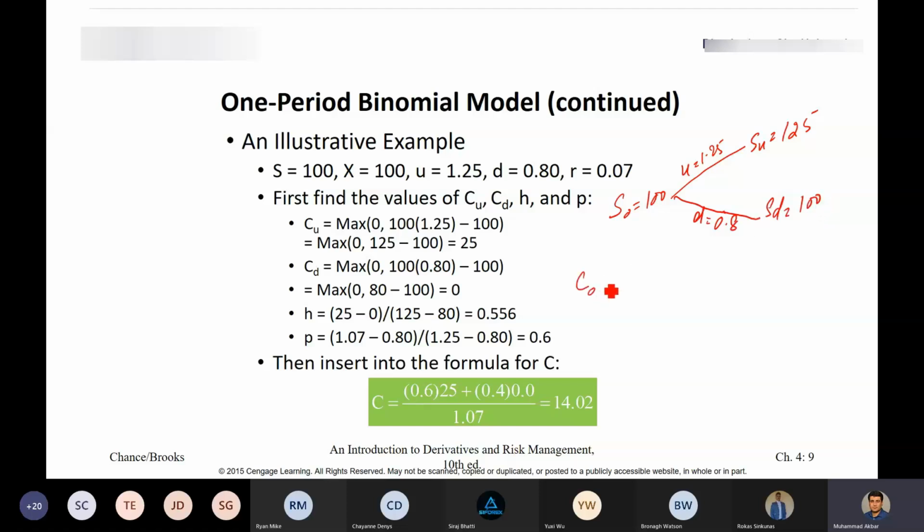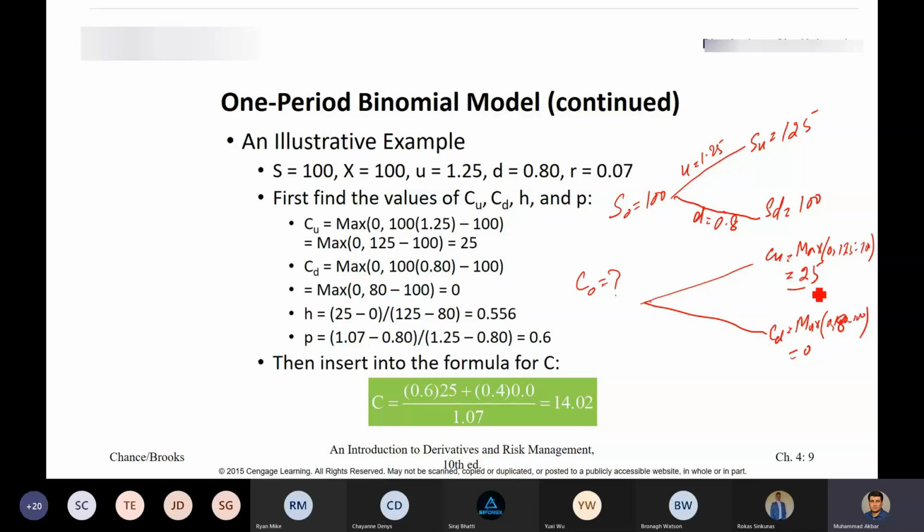In that case, if we want to calculate the price of the call, we will have to look at CU and CD, which will be equal to the maximum of 0 or the current stock price minus the exercise price. The stock price is 125 if it goes up, so 125 minus exercise price of 100, so CU will be equal to 25. If the stock price goes down, the intrinsic value at expiration will be 80 minus 100, so that will be equal to 0.